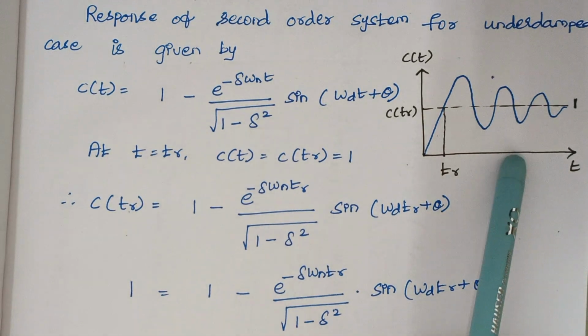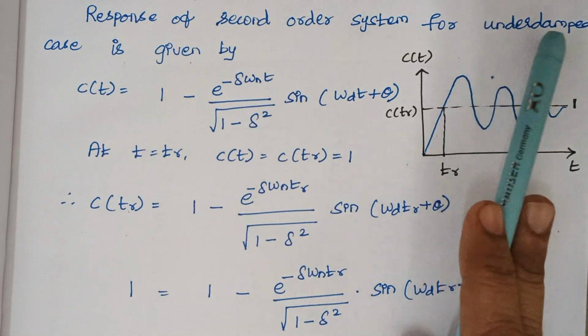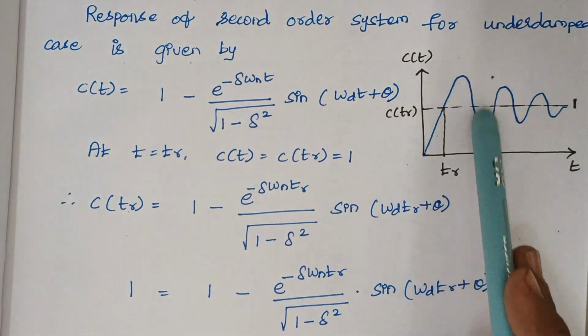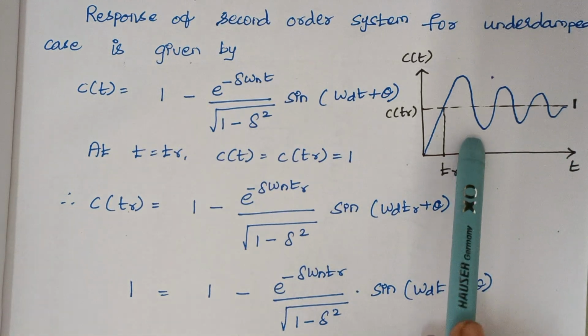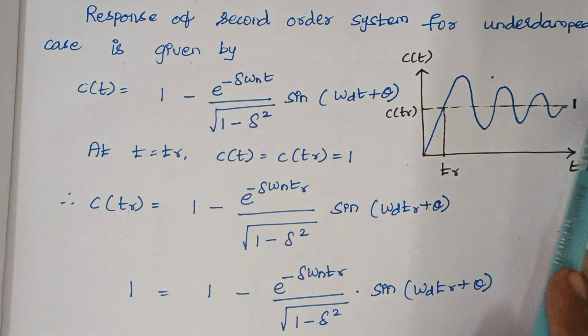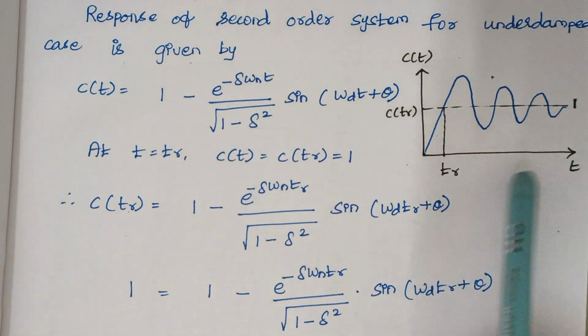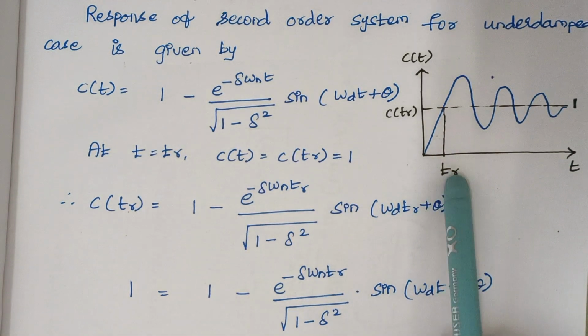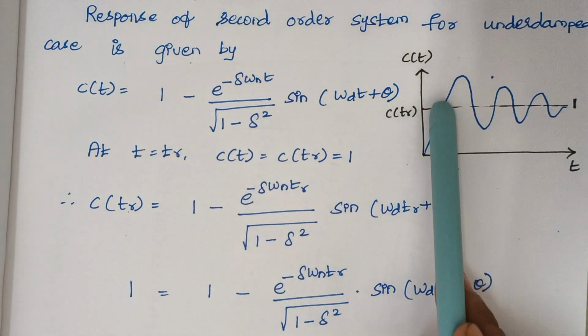So look at this graph carefully. As we all know, an underdamped case is one which will oscillate and finally it will settle down. It will have some oscillations and finally it will settle down, right? So here at T equal to TR, the value of C of TR is 1, right?